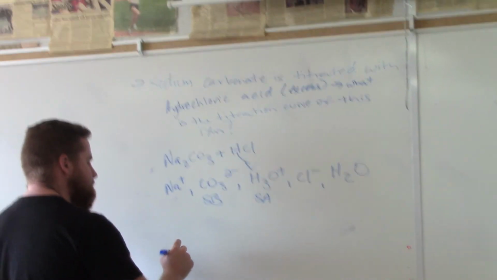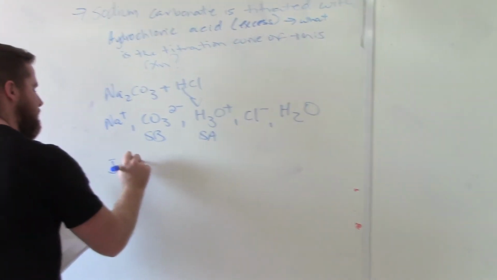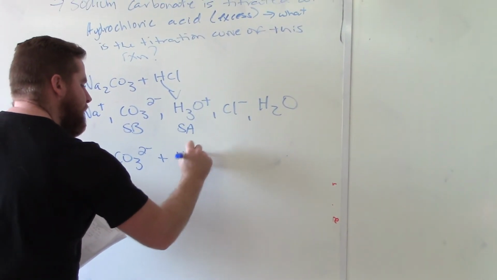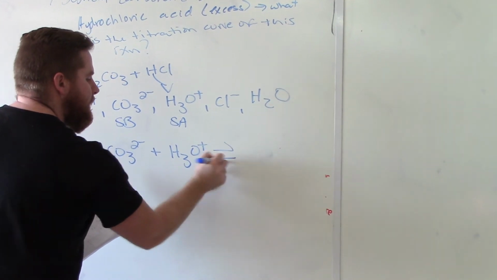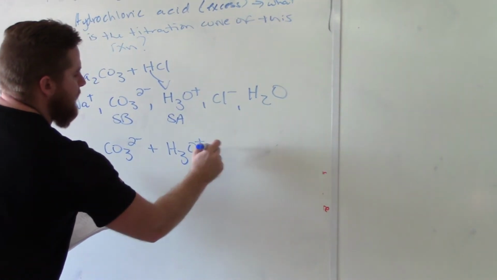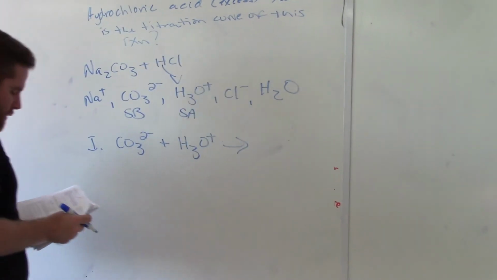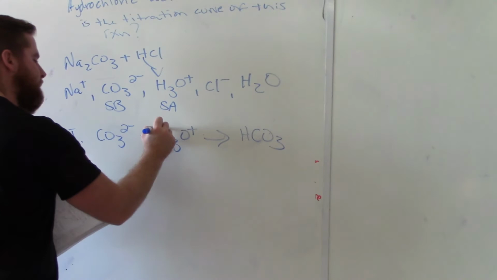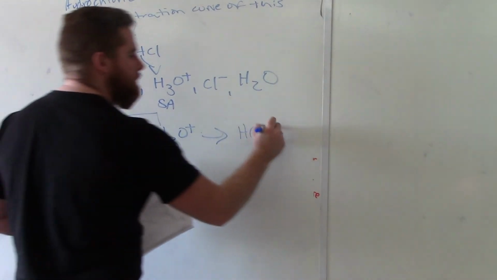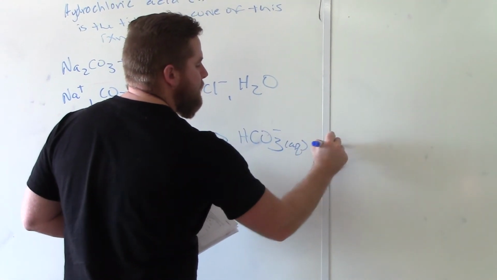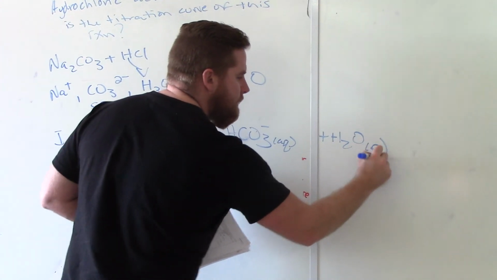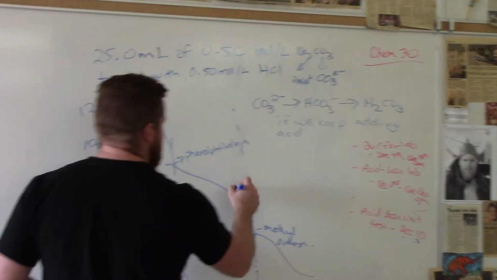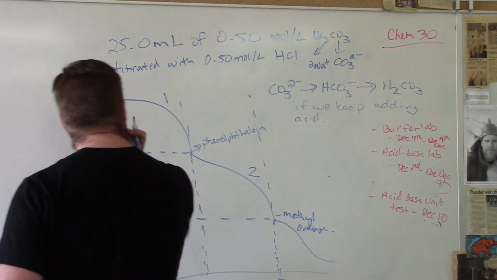This is what the first reaction is going to look like: CO3 2- plus H3O+, and the first reaction is quantitative. So what happens is we make HCO3-, which donates a proton, plus H2O. This is reaction 1, and then in between here is reaction 2.